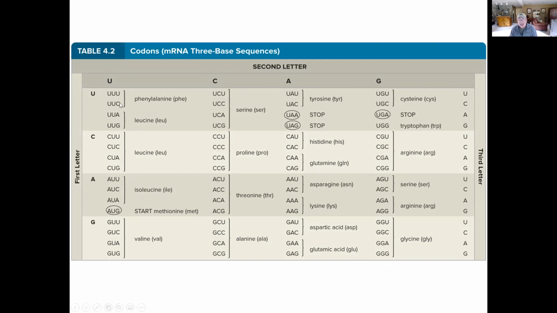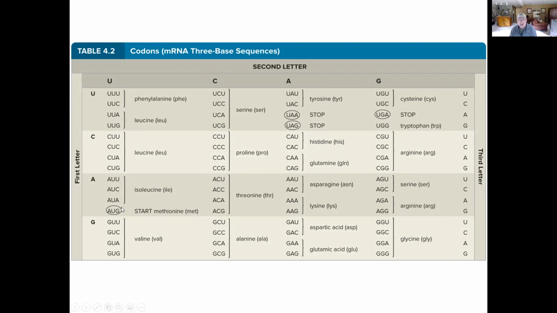And so you'll see that many of these codons can code for the same amino acid. In other words, these two, UUU or UUC, represent phenylalanine. Here are 4 codons that represent the amino acid leucine, and so on and so forth. You do not need to memorize this table, but I think you have to understand how it's developed, what it means.